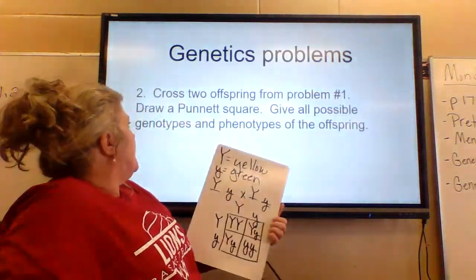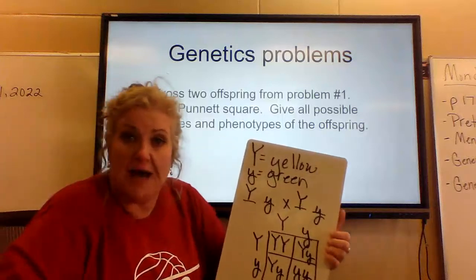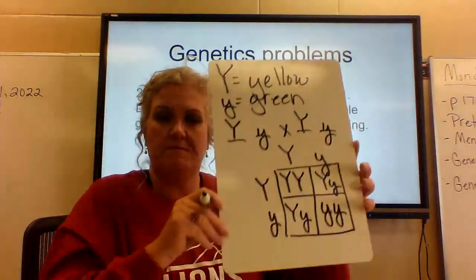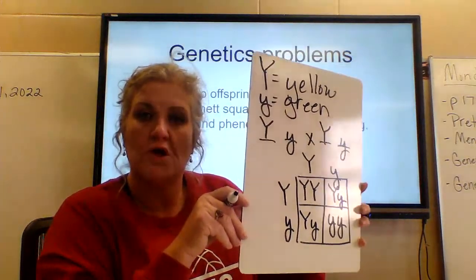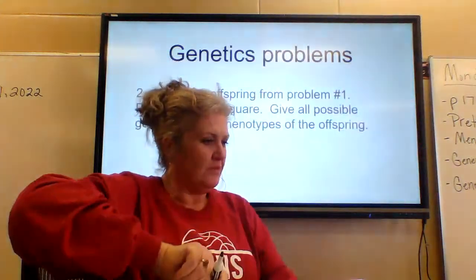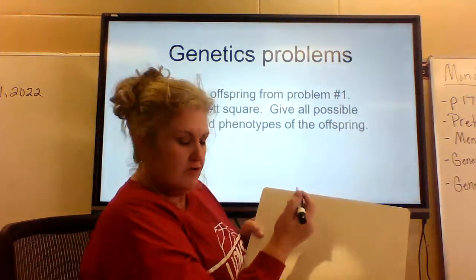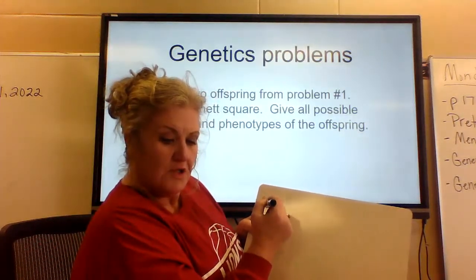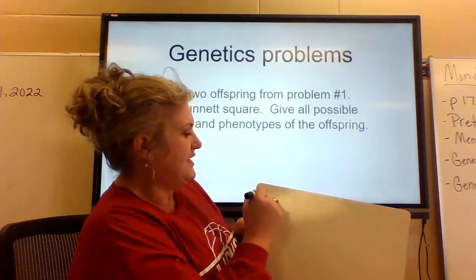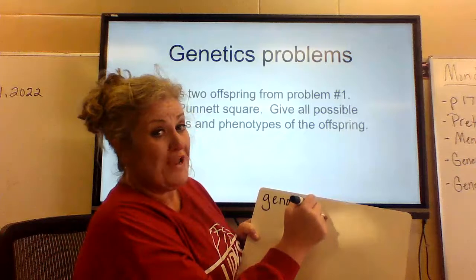So what do they want to know? Oh, here we go again. Give all possible genotypes and phenotypes. Okay? So what genotypes do we have here? Get another board. So you'll be looking at yours, okay? Let's do it by percents. Let's do the genotype by percent. Sometimes they ask for a percent. Sometimes they ask for a ratio.